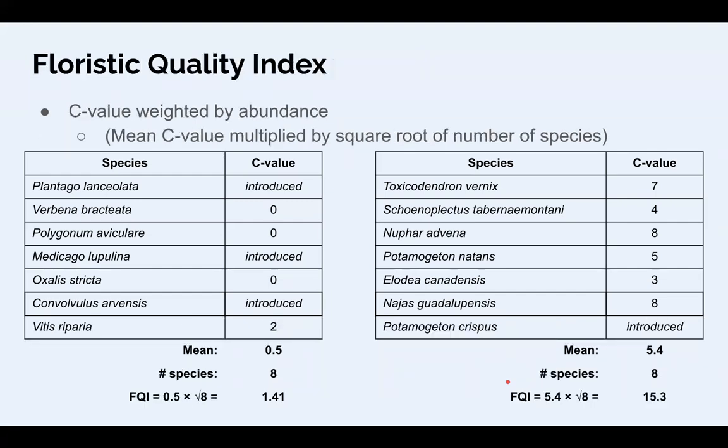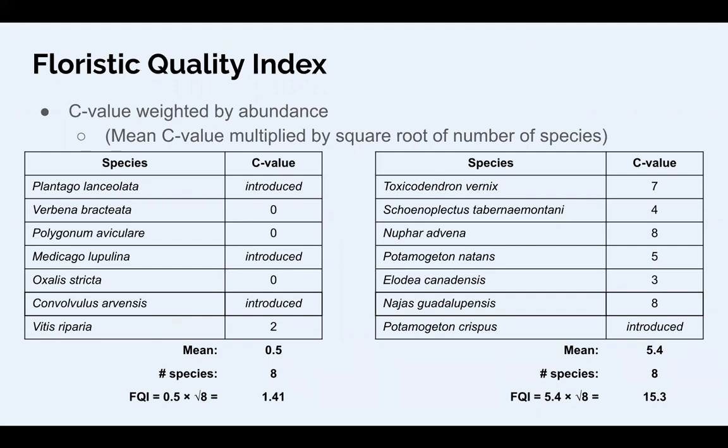An extension of this C value calculation is another value called the floristic quality index. And that takes the C value average for the species you're counting and weights it by basically the number of species. So it incorporates the likelihood that a species grows in a pristine habitat, incorporates that with the number of species overall.